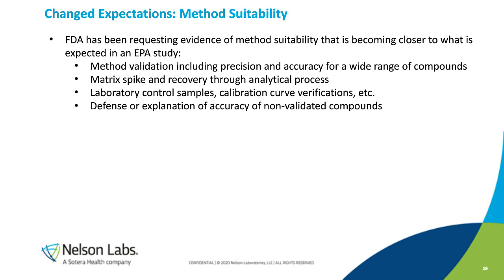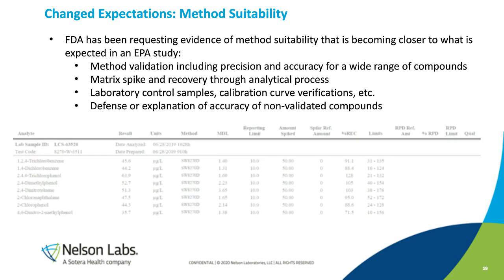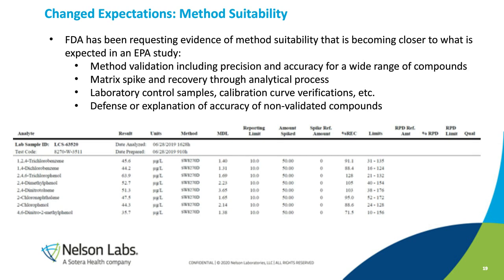And usually this is in the form of things like laboratory control samples that have been taken through the entire analytical process, and then they report what the recovery was for those compounds.